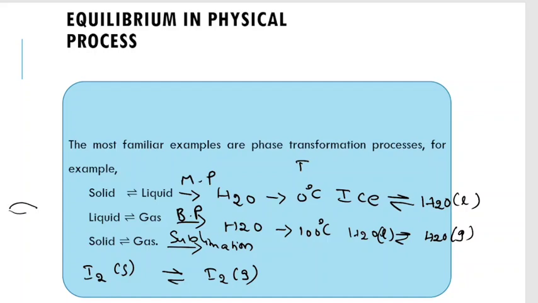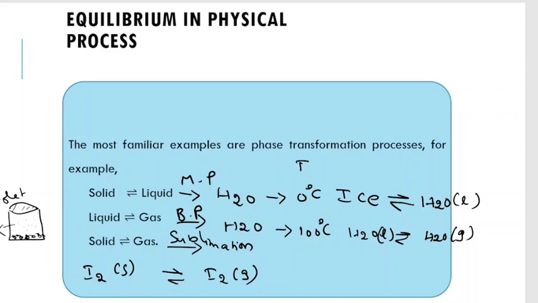For example, in a closed glass container, let us suppose we have taken small solid iodine balls. After a particular time, under atmospheric pressure, iodine sublimes into violet color vapor.